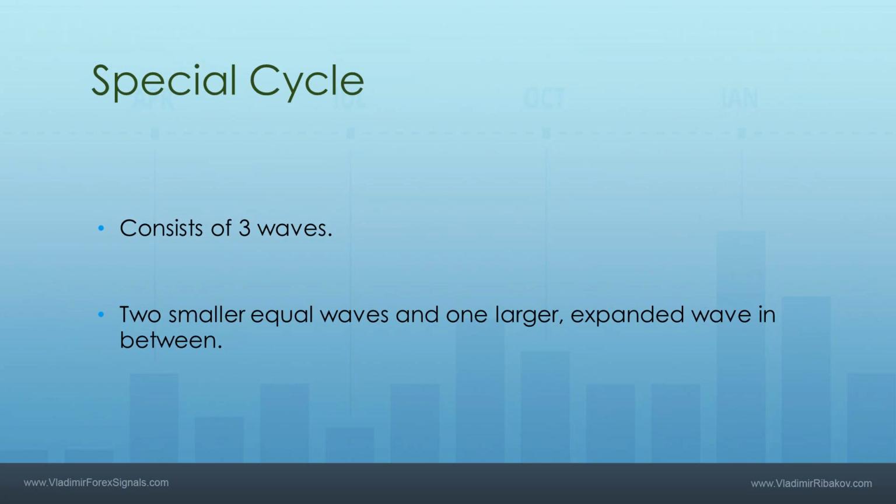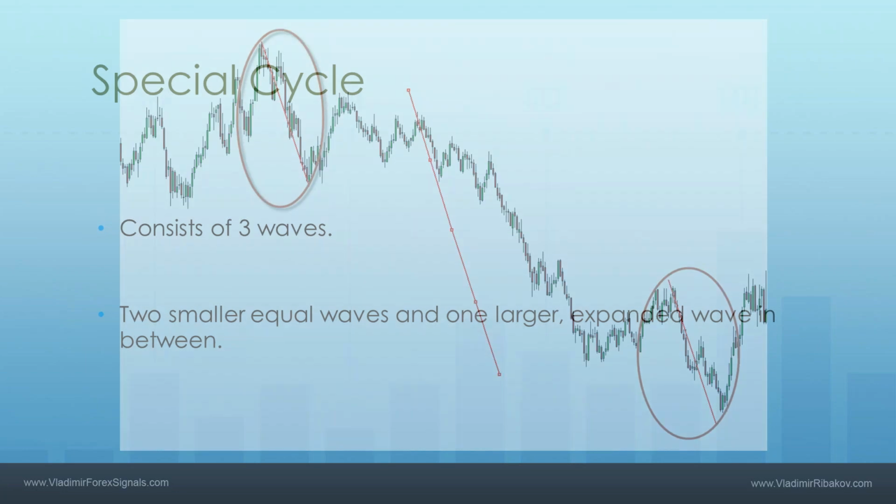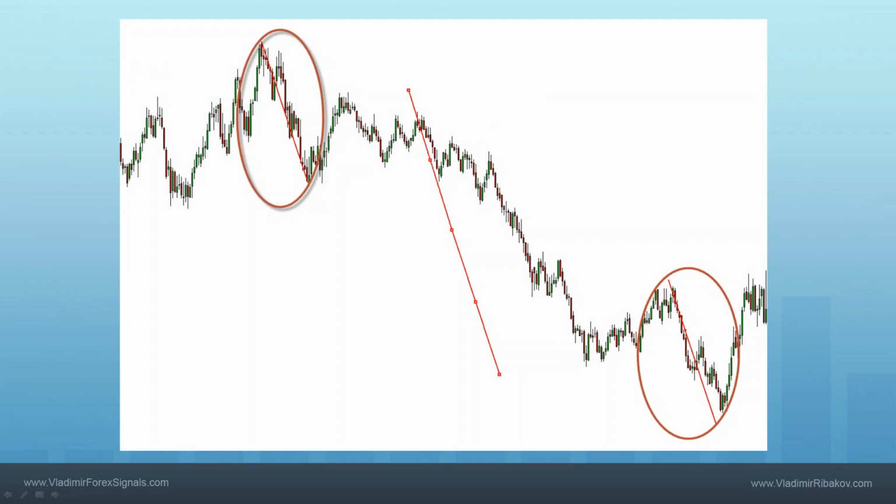All right, so in a special cycle, we will also explain that it is like triple. The only thing is that the first one and the last one, they are visually same, and the middle one is double or triple sized.